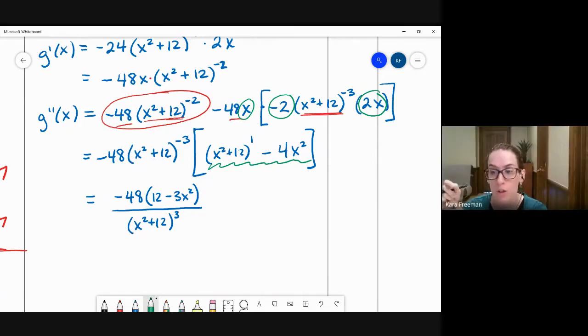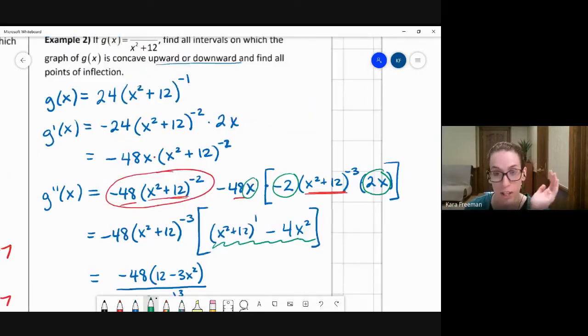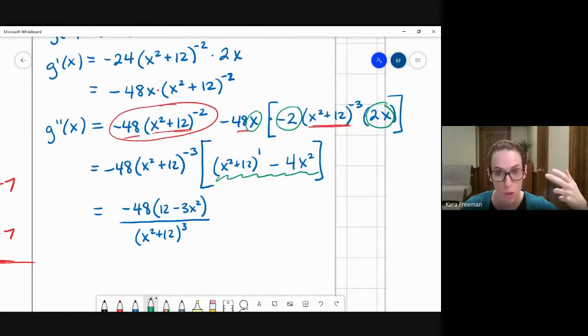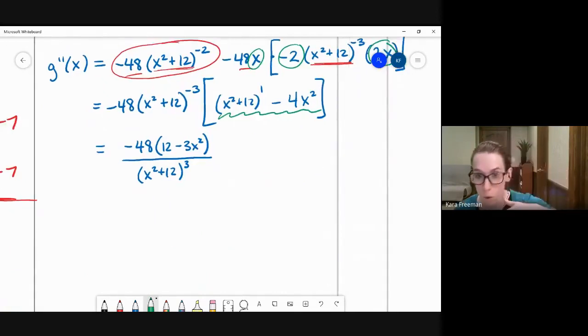All right. So we took the derivative. That was a lot of work, but now let's go back to what we were trying to do. We're trying to find when this function's concave up or concave down. That's looking at when the second derivative is positive or negative. So we've got to do that number line analysis. And remember, what goes on the number line analysis is when your second derivative is equal to 0 or is undefined.